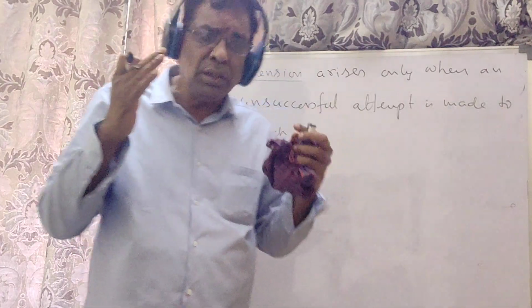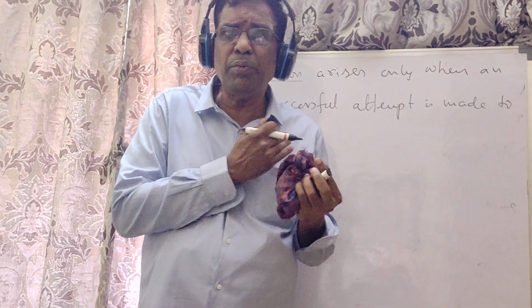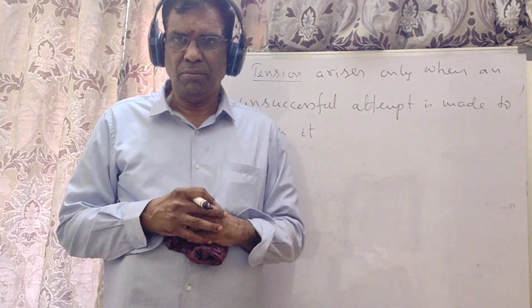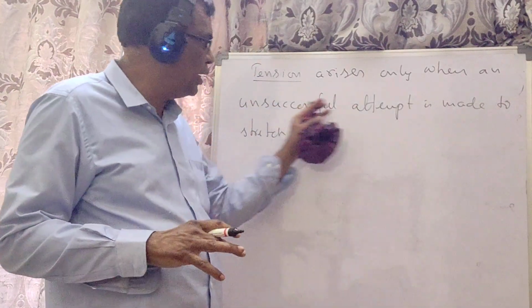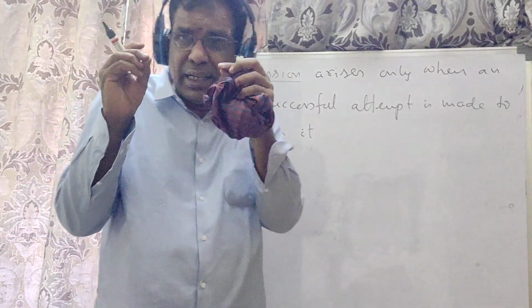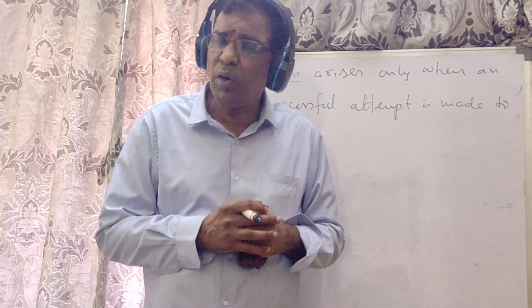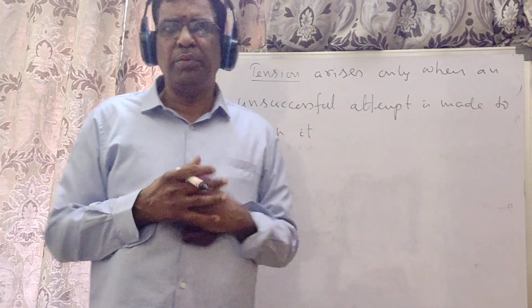Why? Because the very definition of our rope is that it is inextensible. Therefore, we go by this, and that attempt to stretch will result in this. Suppose you are successful, what will happen? The string will break.